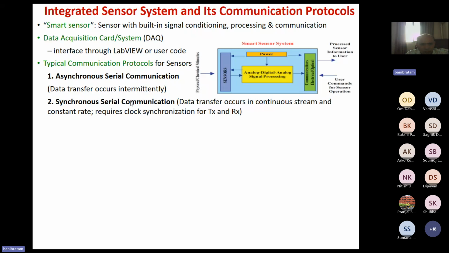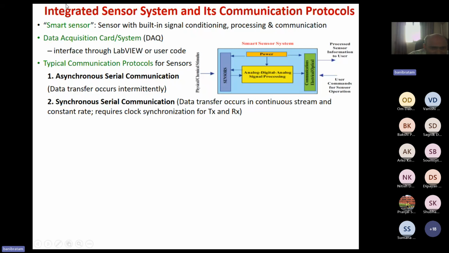But the advantage of serial communication is that only one line is required, so resource requirement is less, complexity is less, and simplicity is more, though the speed is relatively slow. In most cases we prefer serial communication because of its simplicity, low complexity, and low resource or low pin requirement.